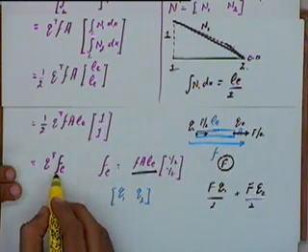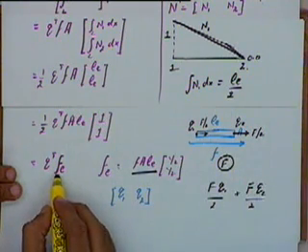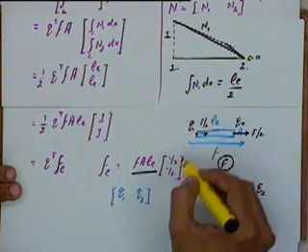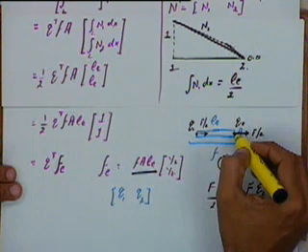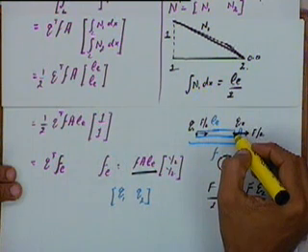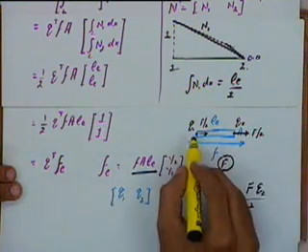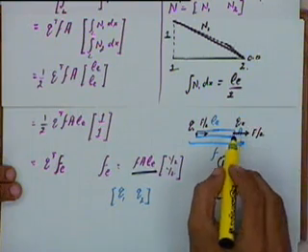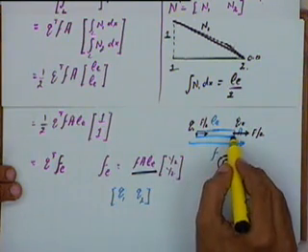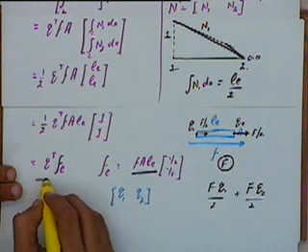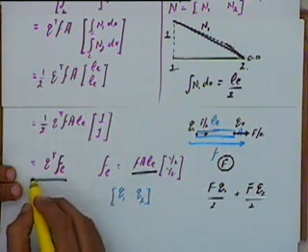So this vector Fe or this matrix Fe is only telling me that half the force is acting on node 1, the other half of the force is acting on node 2. Effectively I am splitting this force into two equal parts, one acting on the first node, the other acting on the second node, and I say that the total potential energy contribution because of the body force is given by this expression.